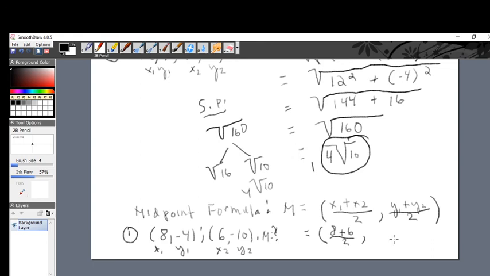Then on the other side, take y1, which is -4, add to that y2, which is -10, and divide by 2. Okay, what do we get? We get 14, 8 plus 6 is 14 divided by 2, which is 7. -4 and -10, which is -14 divided by 2, which is -7. And here is the midpoint between those 2 points. This problem is over.